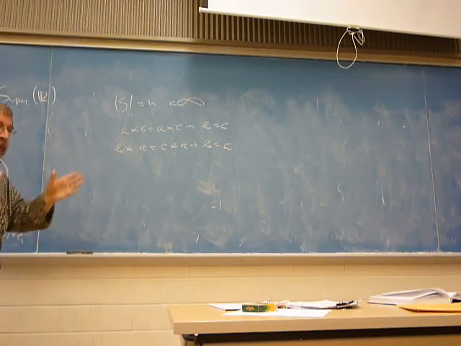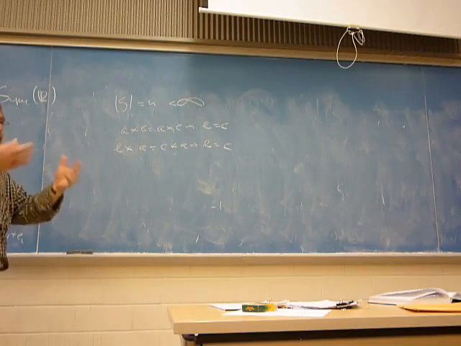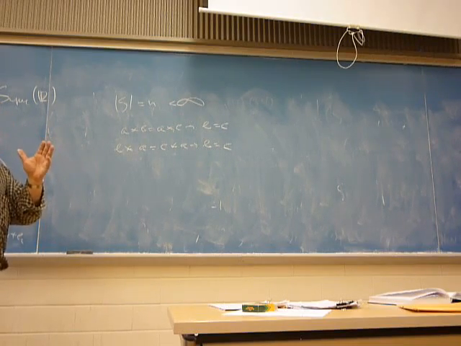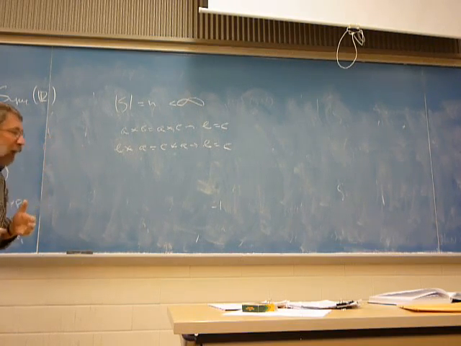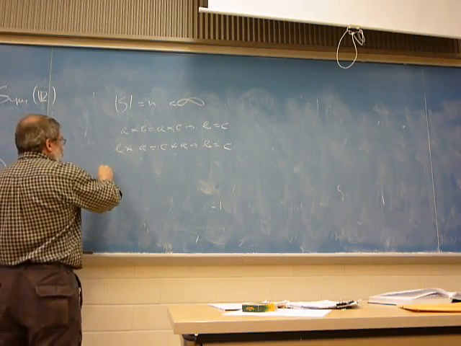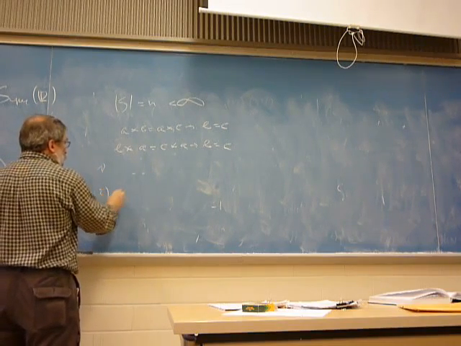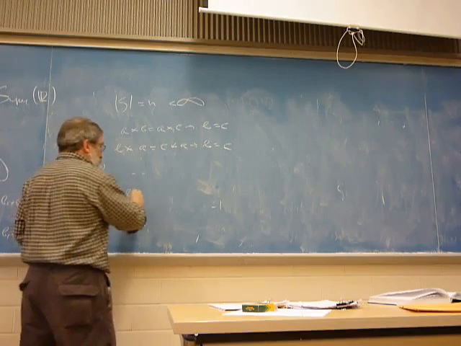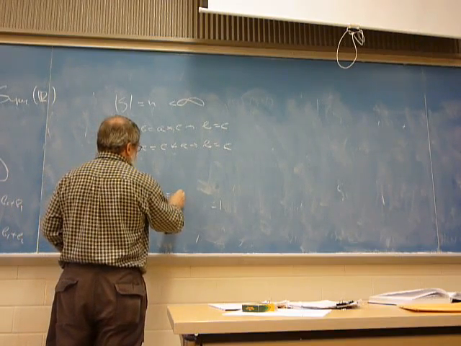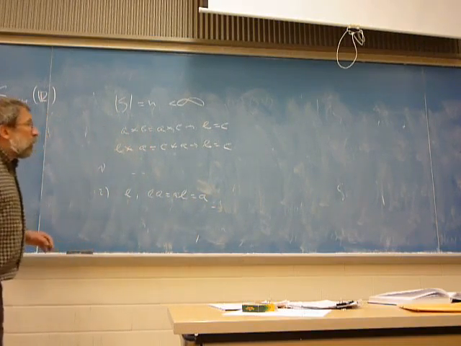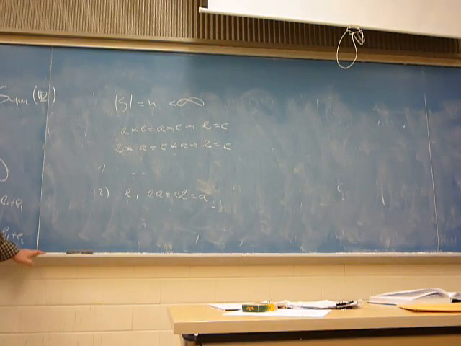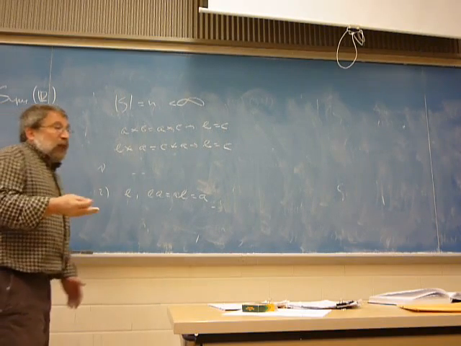What I'm trying to push you toward is to remind me the axioms of a group: identity, with the property EA equals AE equals A, and inverses. In our situation we have the beginning, but we don't know whether we have an identity. So I have to find the identity.